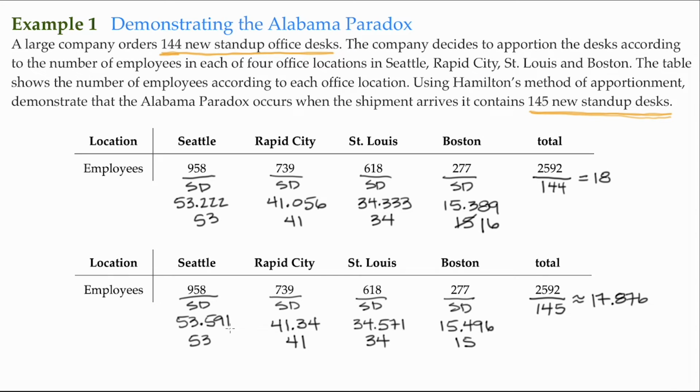So here's 0.591 here. So Seattle will get an extra desk. That'll be 54. And then this one here, 0.571, that's St. Louis. They'll get an extra desk at 35.